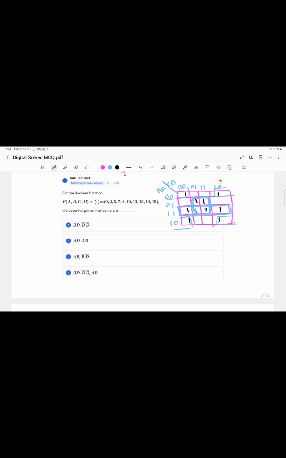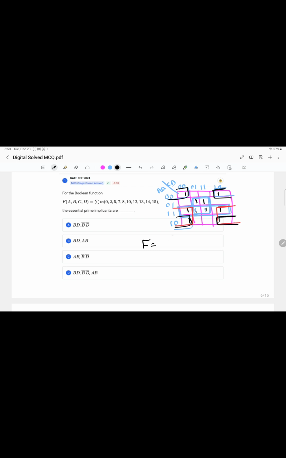So any other terms which can be formed, here you can see these two terms. If I am framing this term and this term, now the essential prime implicants can be formed. The essential prime implicants can be written as f is equal to the 4 corners. First we'll write down for the 4 corners, these 4.